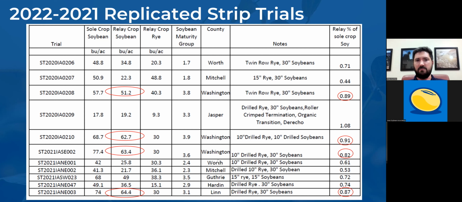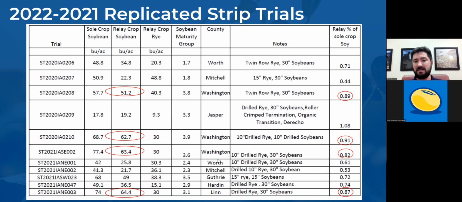You'll see that each of them had a relatively high maturity group for Iowa, getting late, high 3s, or at least in the three maturity group. That's an important consideration. And oftentimes they were getting between 30 and 40 bushels of rye off of those same acres. Those are some of the most profitable acres on their farms, these farmers tell me, right?